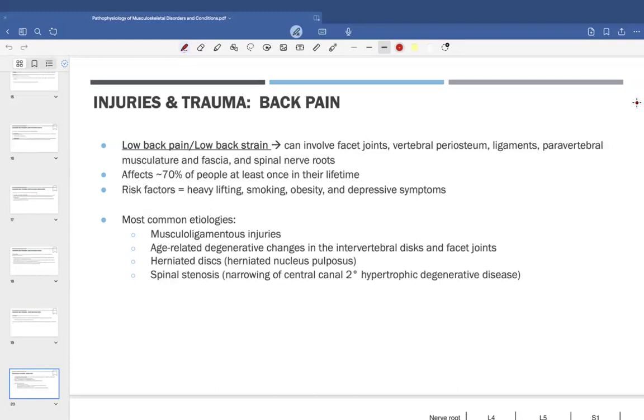As we age, you also have to consider degenerative changes in the discs, as well as weakening of the muscles. The degeneration of those discs between the vertebrae can put excess strain on the facet joints.